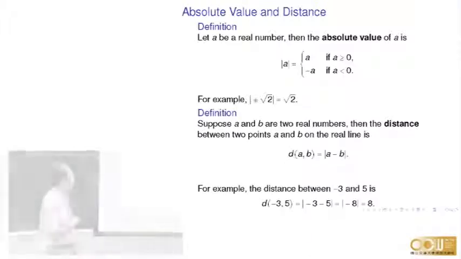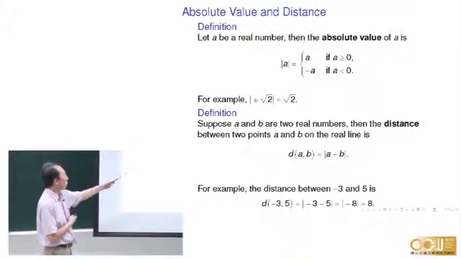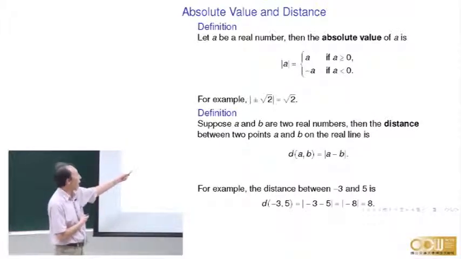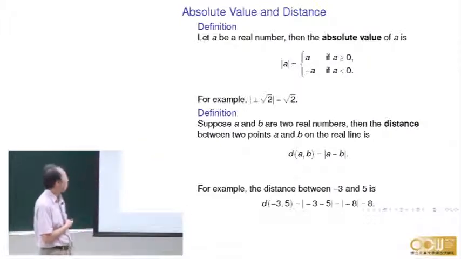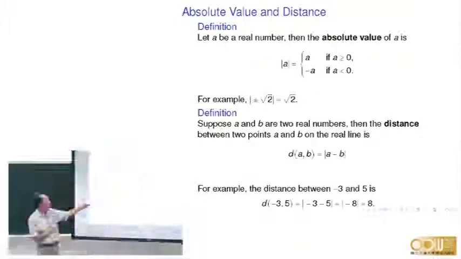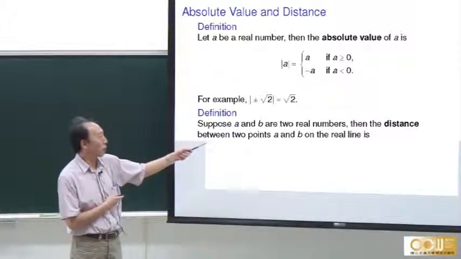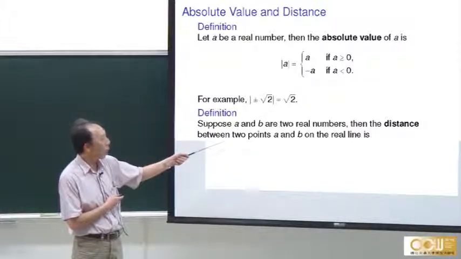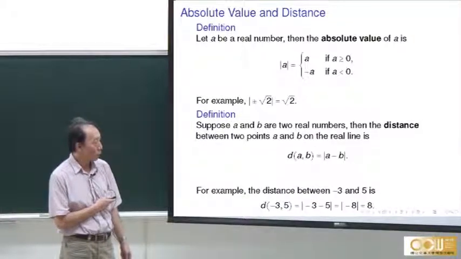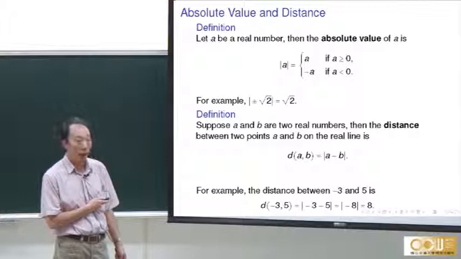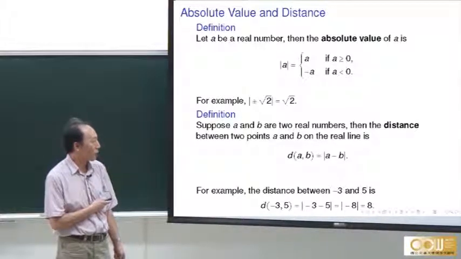Okay, here is a simple example. The absolute value of plus or minus the square root of 2, after we take the absolute value, becomes the square root of 2. For distance, any two real numbers can also be viewed as two points on the real line, and we define the distance between them to be the absolute value of A minus B. Here's a simple example.